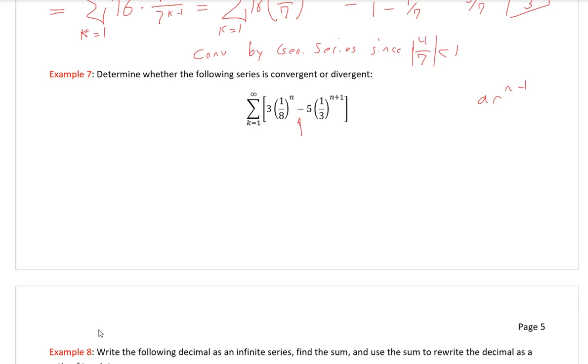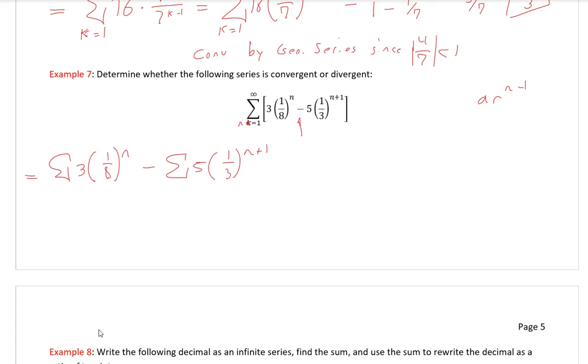But since there's just a simple subtraction there, all we need to do is split this up into two summations. I'll neglect writing 1 to infinity here, but I'll write that as 3 times 1 over 8 to the n, minus the summation of 5 times 1/3 to the n plus 1.